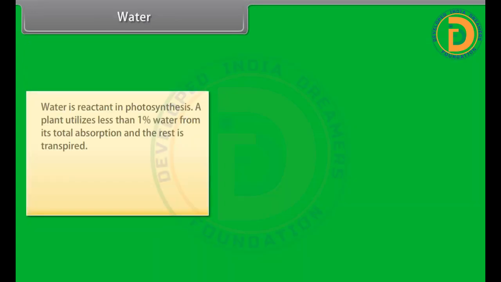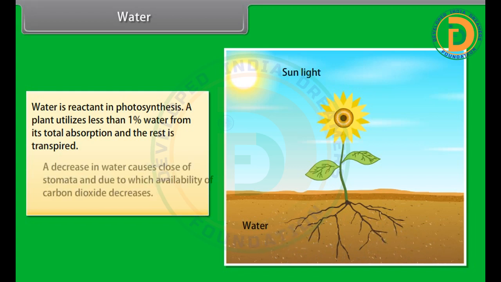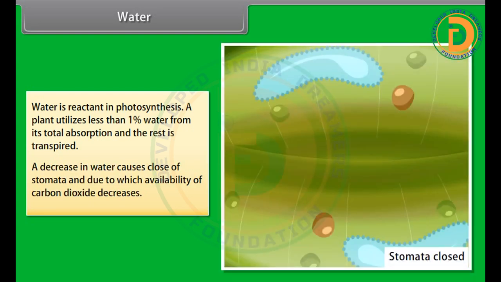Water. Water is a reactant in photosynthesis. A plant utilizes less than 1% of the water it absorbs, and the rest is transpired. A decrease in water causes closing of stomata, due to which availability of carbon dioxide decreases.